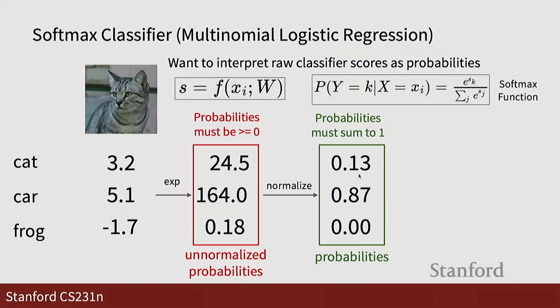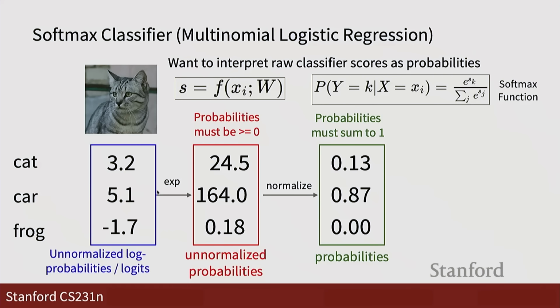And obviously, this is making a mistake in this example because the W is not a good setting. We should optimize it and change it. So these probabilities are the counterparts of these unnormalized log probabilities, which are often referred to as logits.